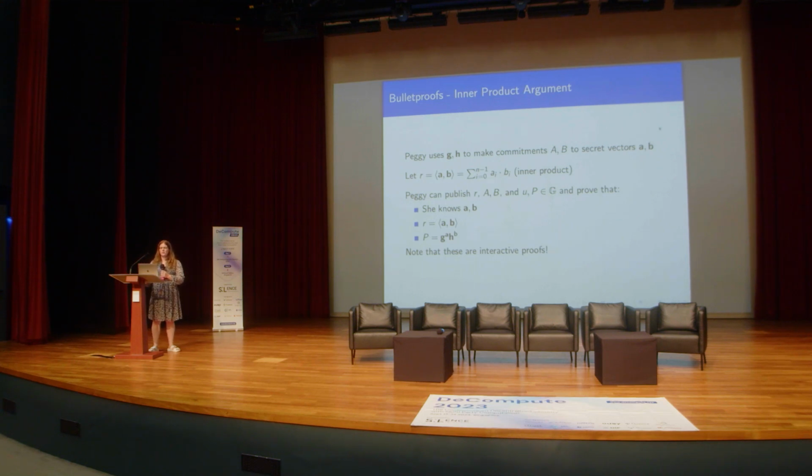These are interactive proofs, which is where the Fiat-Shamir transform is going to show up a little bit later when you try and make it non-interactive. But it's this ability to show that you know the inner product of the two vectors that really winds up being useful. And that gets turned into this range proof fairly quickly.